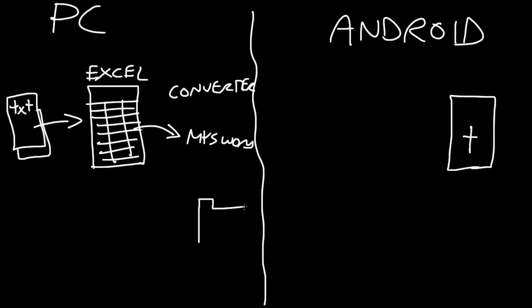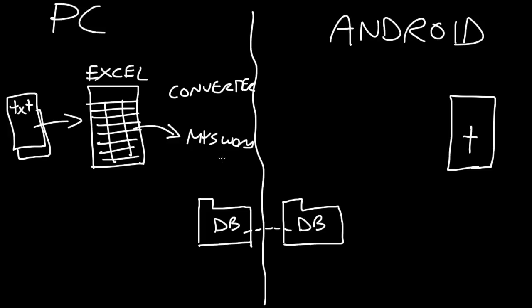You're going to have a Dropbox folder on your PC, and you're going to have a Dropbox folder on your Android after you install it. And the folder sync application, what that does basically is it syncs up these two folders. So what we do is, like I said, we convert your Excel document into a MySword document.